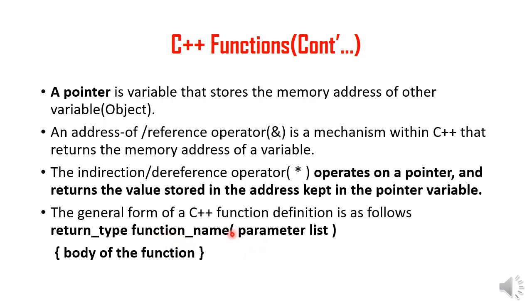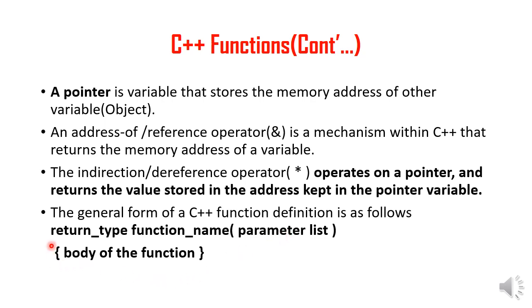We have a list of parameters depending on the task that the function is designed to do. In the list of parameters, each parameter is declared by using a C++ data type, and the parameters are separated from one another by a comma.